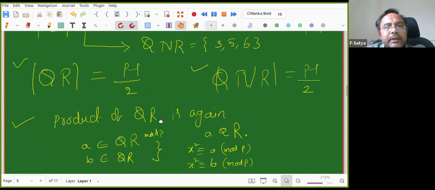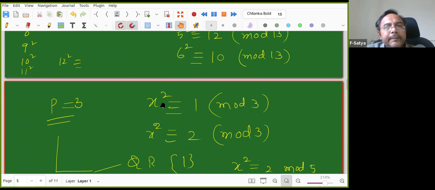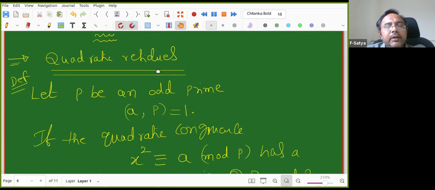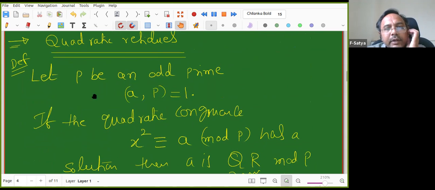Right. So first of all, what is the definition? Quadratic residue definition. First we have an odd prime. Let P be an odd prime and gcd(A, P) = 1. Then A is said to be a quadratic residue modulo P or not.